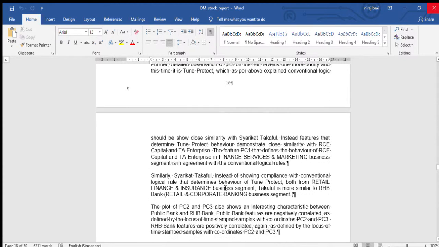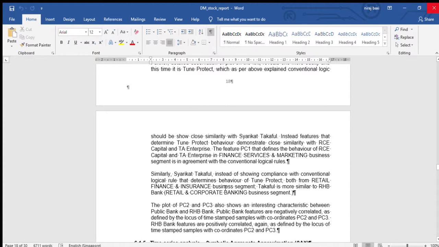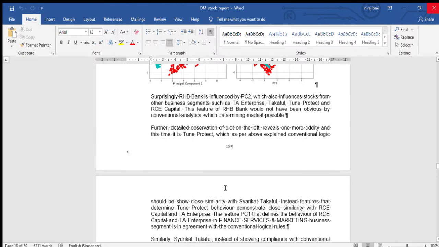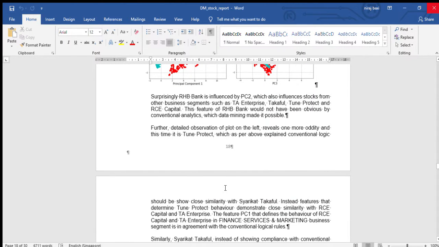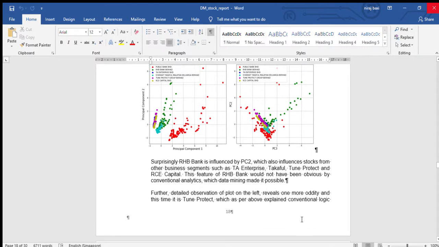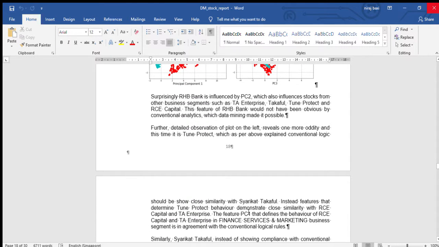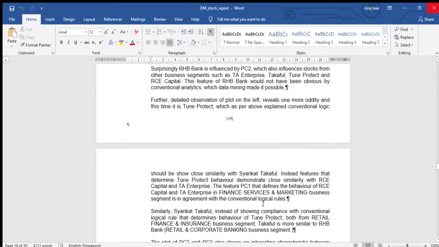Coming to the insurance sector, Takaful has a very good correlation with RHB Bank. So if somebody were to try a trading strategy, then they should definitely look at Takaful and RHB Bank.